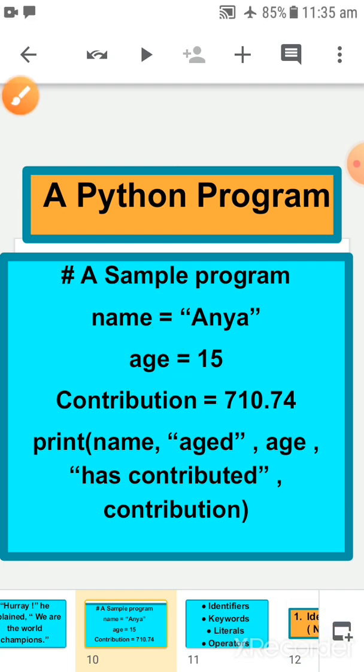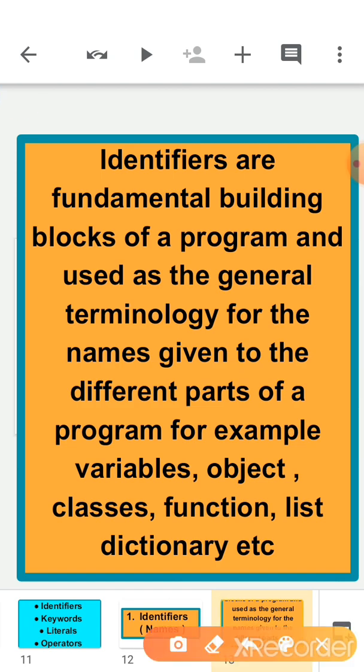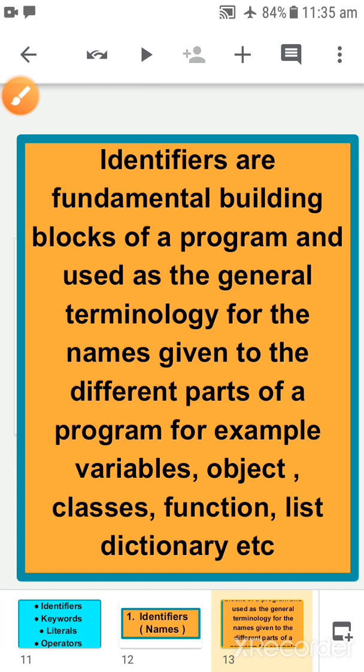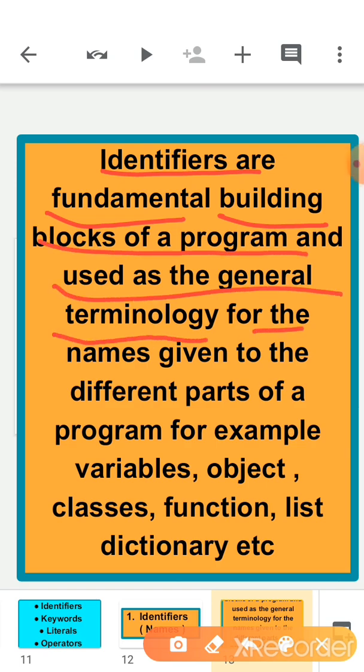It means these are the identifiers which are decided by the user. So basically identifiers are fundamental building blocks of a program and are used as general terminology for the names given to the different parts of a program.